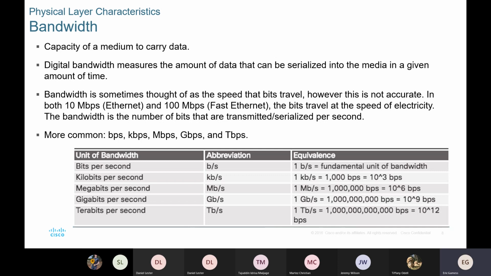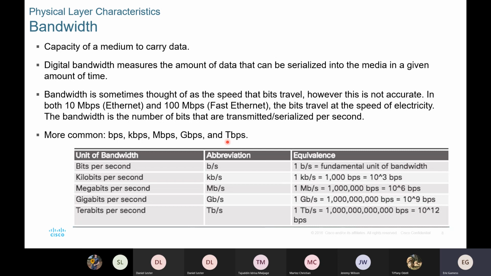So it is expressed in bit per second. So we will use bit per second, kilobit per second, or megabit per second, or gigabit per second, or terabit per second.